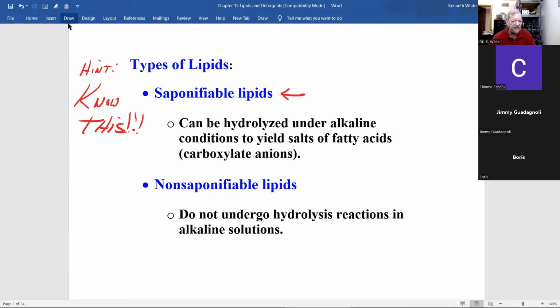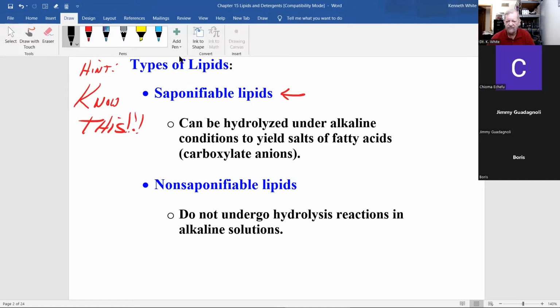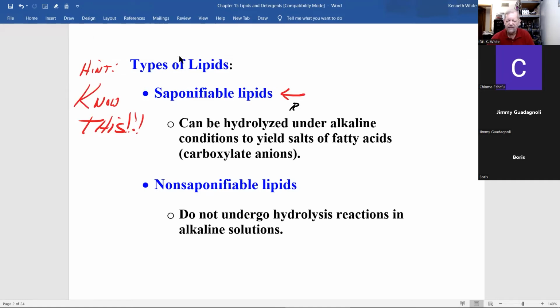And another way of thinking of it is they react with base, which is alkaline, and water to make carboxylate anions, which is what this is. So, saponifiable lipid reacts with base and water to form carboxylate anions.